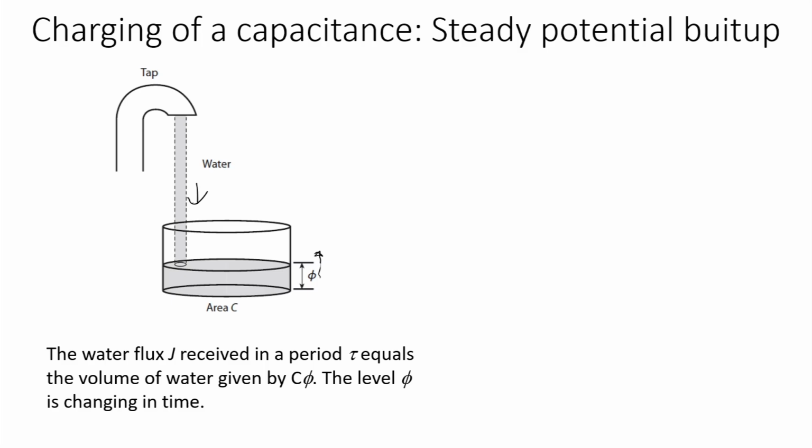So, the total water, that is the volume of water it has accumulated, is something like the charge accumulation, and it will be given by C into phi, and this level will change with time. Whenever you are filling it, the water flow will continue and the level will rise.